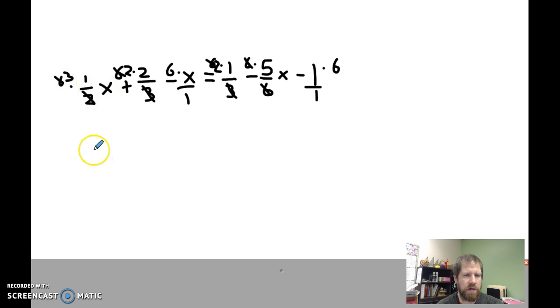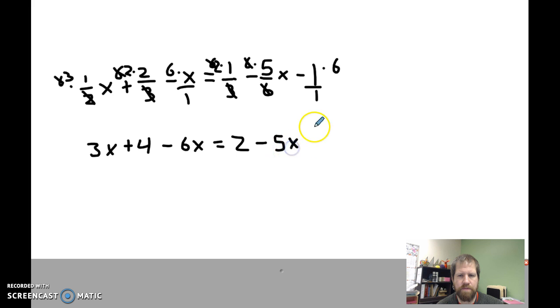So I have 3 times 1, x, or 3x. 2 times 2, so I have a plus 4, minus 6 times x, 6x, is equal to 2 times 1 is 2, minus 5x, minus 6 times 1 is 6.